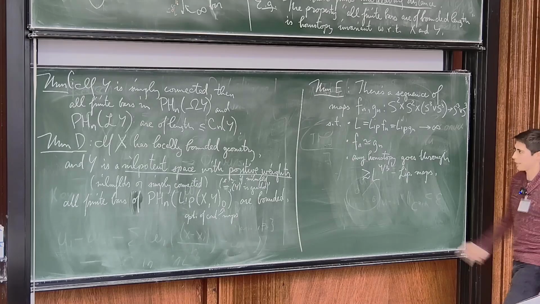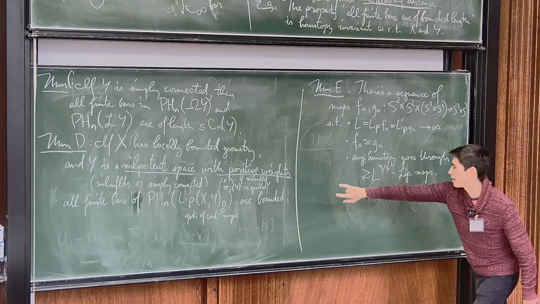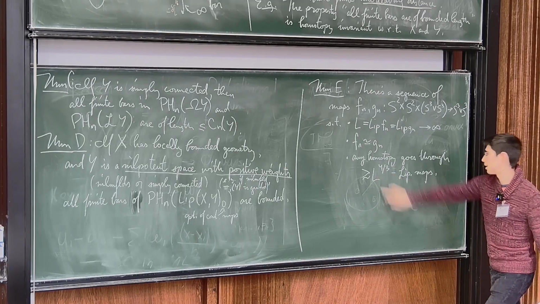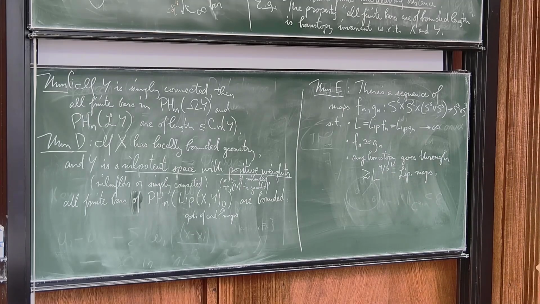So if we had bounded finite bars, then this would be linear in L, and in this case it isn't.